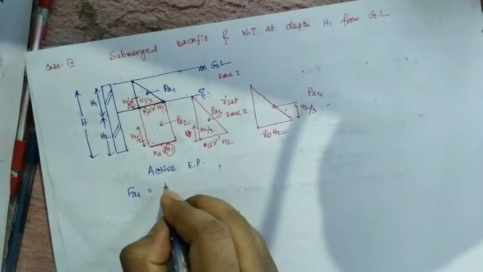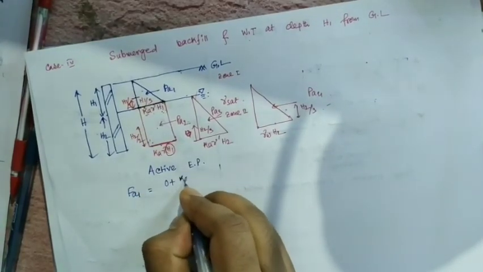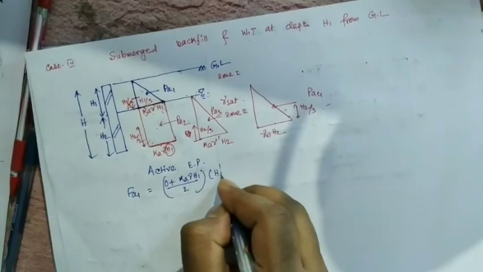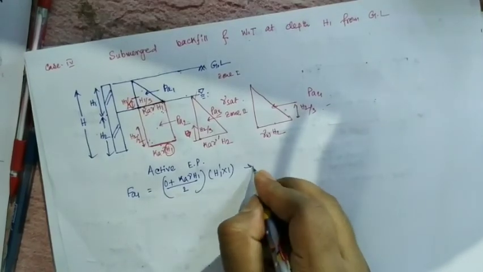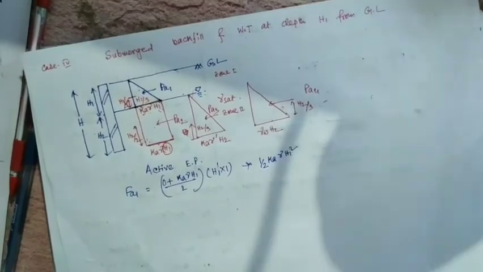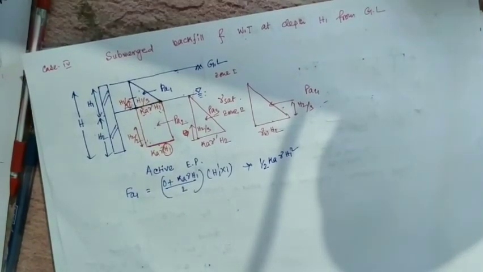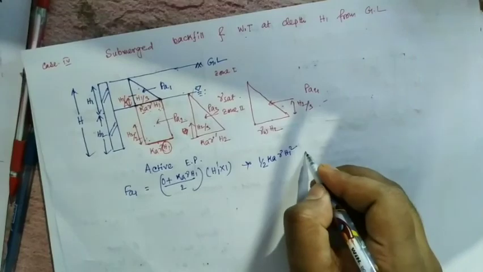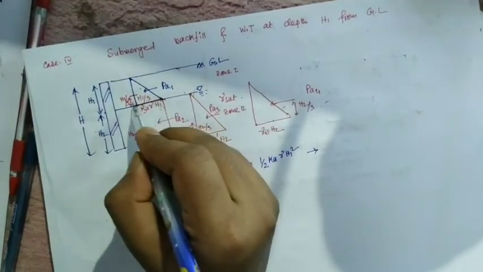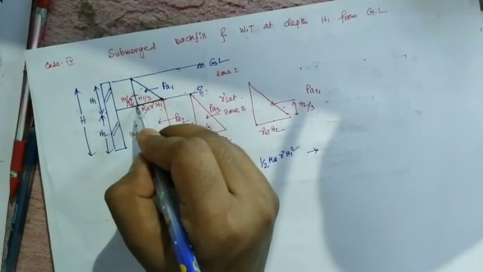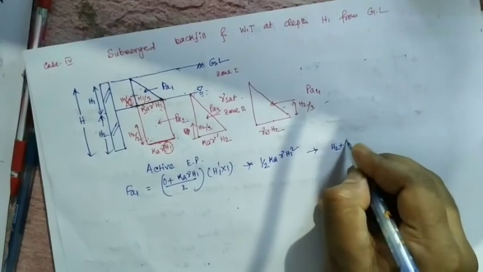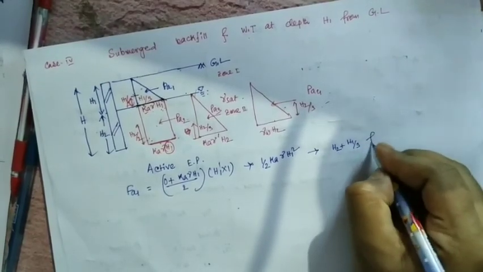So 0 plus Ka gamma H1 by 2 into H1 into 1. The result will be half Ka gamma H1 square, and it will act at H2 plus H1 by 3 from the bottom.